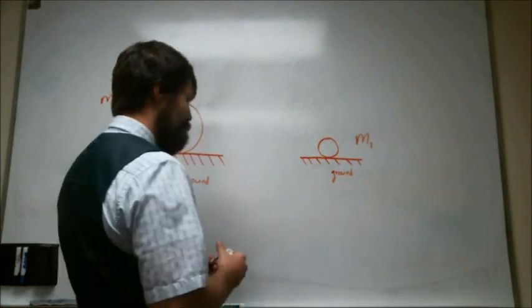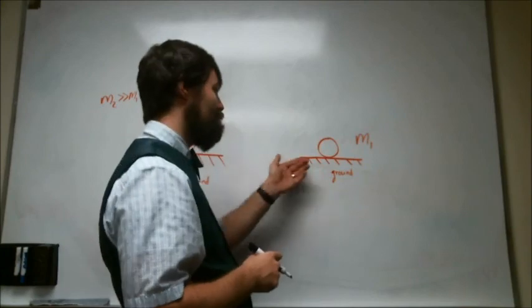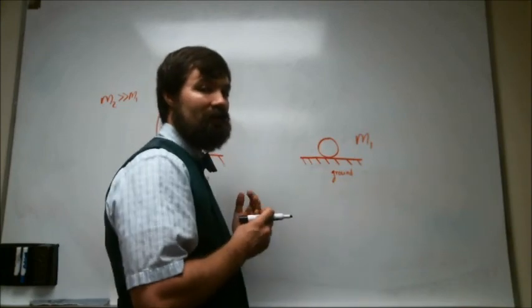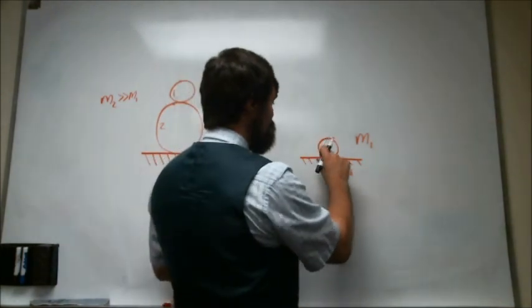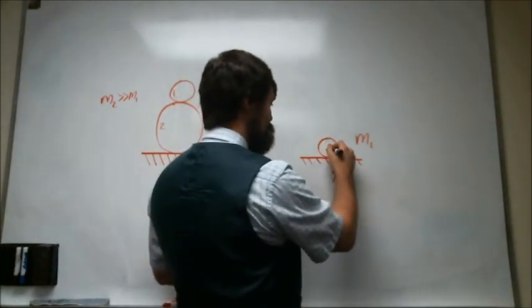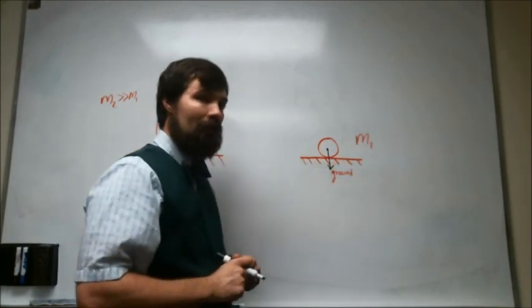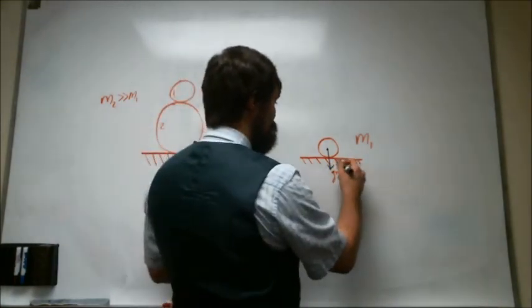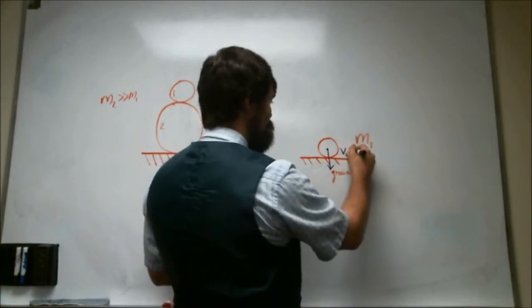The line with the dashed lines on it represents the ground. From the ground's perspective, right at the time that it impacts, this ball has some initial velocity, downwards towards the ground, which I'm going to call V initial.